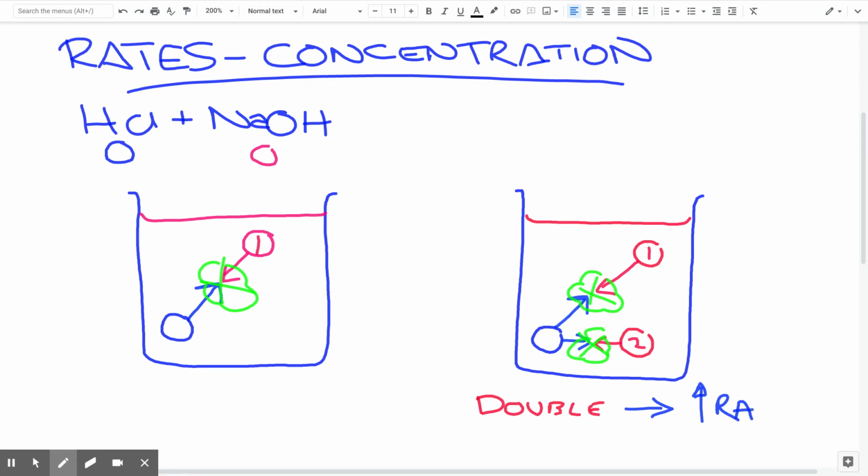Now, because we've put a doubling of concentration and an increasing of rate, it is possible in some situations that we can see a doubling of the concentration actually leading to a doubling of the rate of reaction.